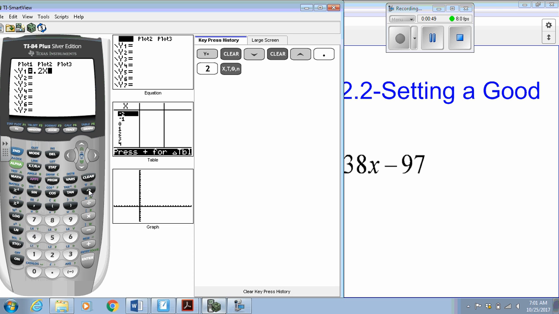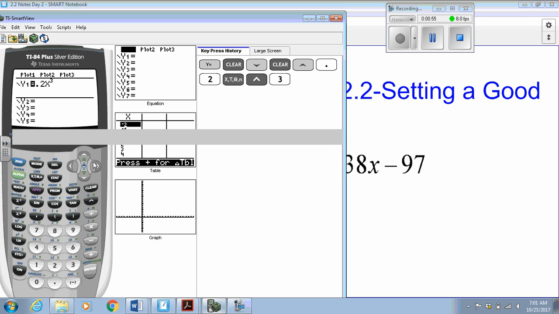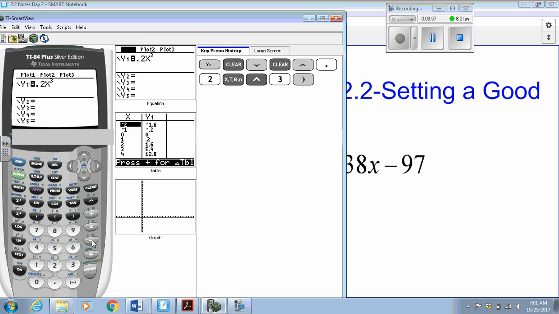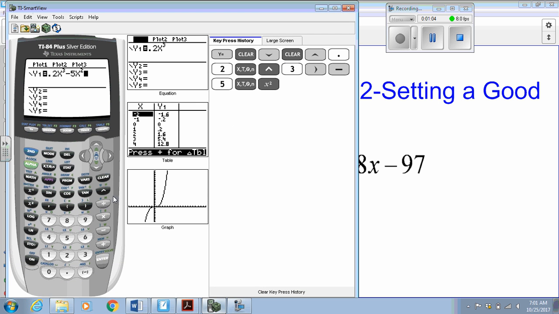You just press the caret key and then the third. Then we have minus 5x squared, so I arrow over, and I do minus 5x squared, and plus 38x, and then minus 97.